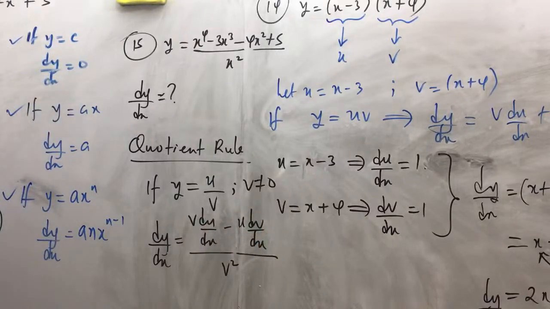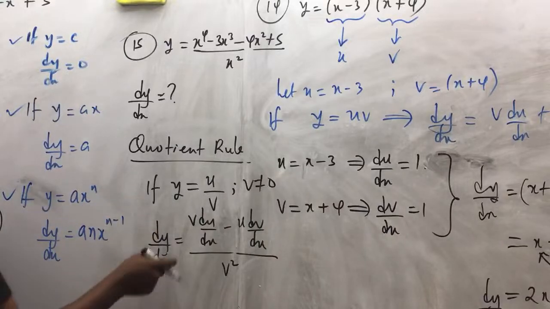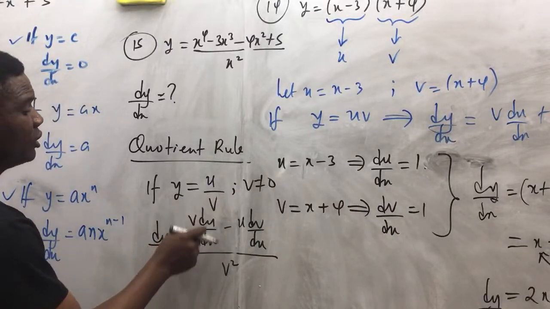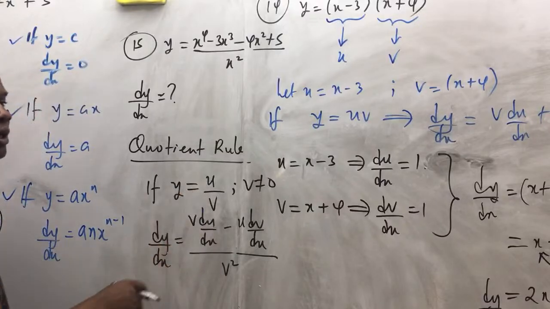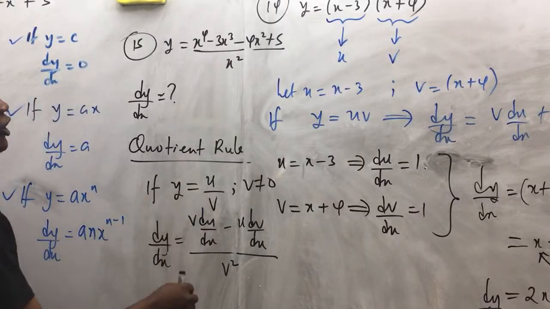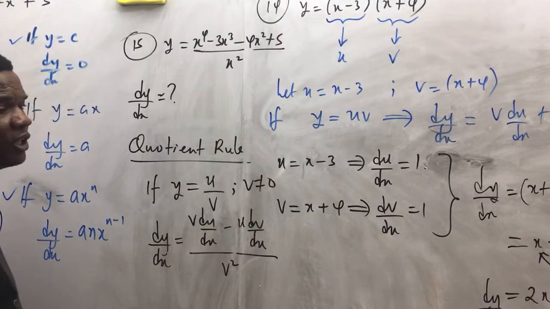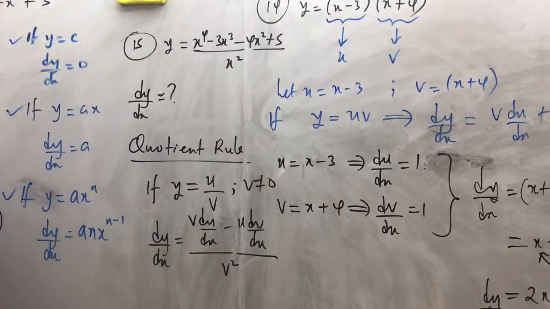So all you have to do is use the denominator to multiply the derivative of the numerator and subtract from that result the product of the numerator times the derivative of the denominator, all over the square of the denominator.